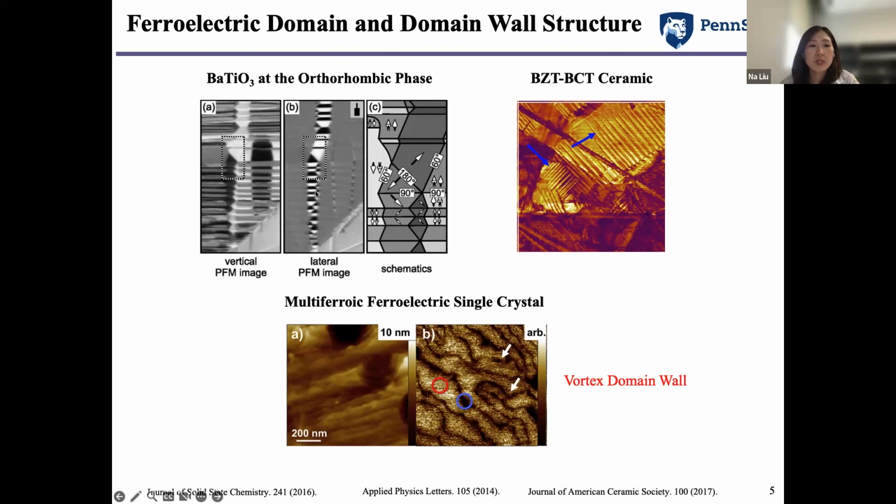This one presents the domain pattern PFM image in the barium titanate system in its orthorhombic phase. By combining the vertical PFM image and lateral PFM image, the 60-degree, 90-degree, and 180-degree domain walls can be identified.